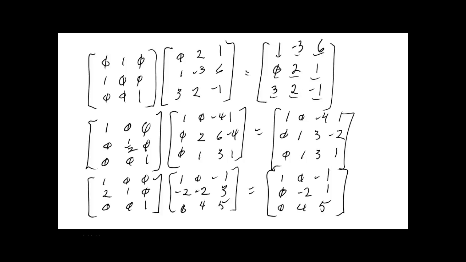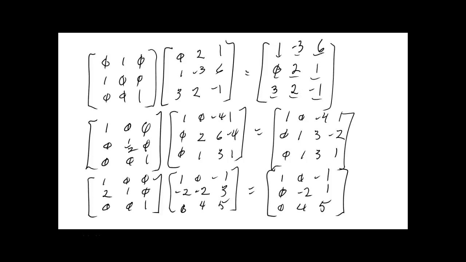Zeros are nice in matrices. Yeah, they make it really easy. It's just that middle row that you do, but when you see it happen, it's not bad. Okay, so we'll leave that alone.